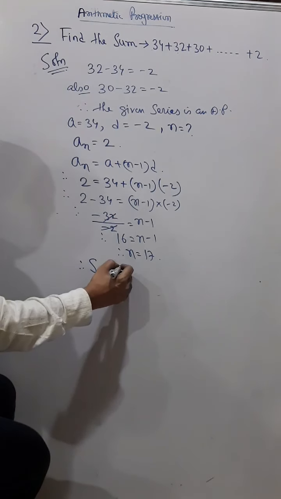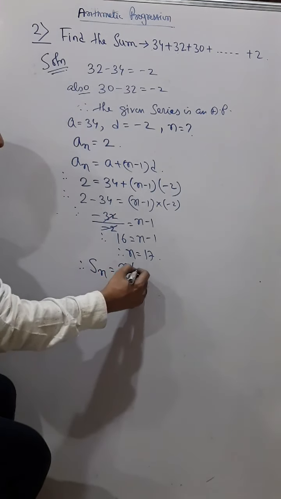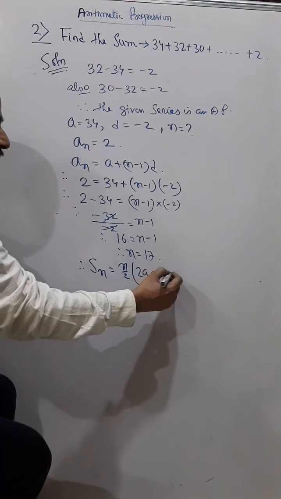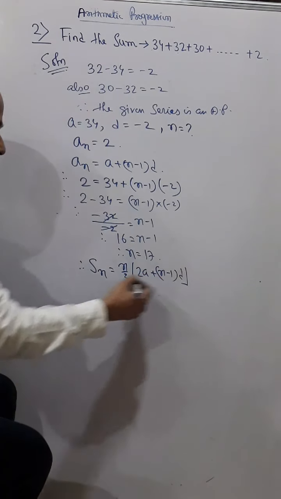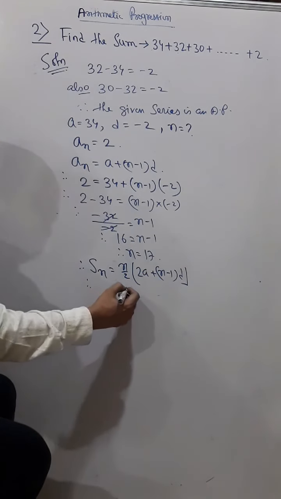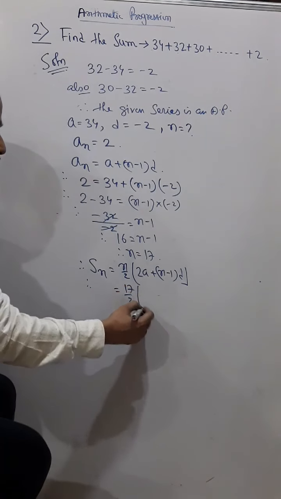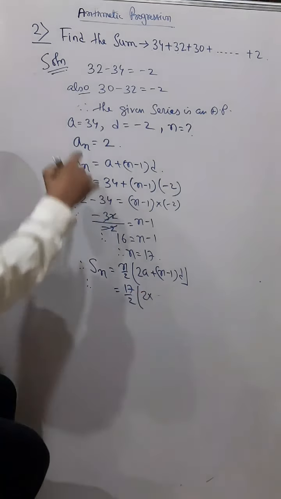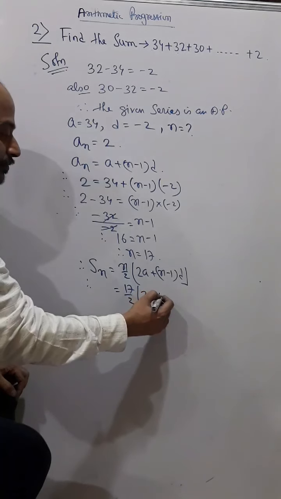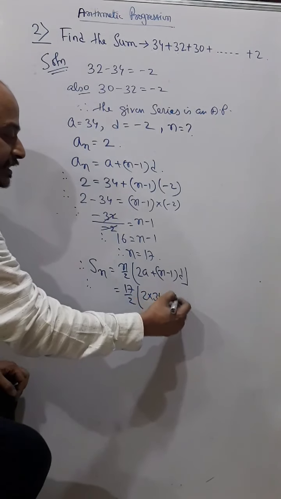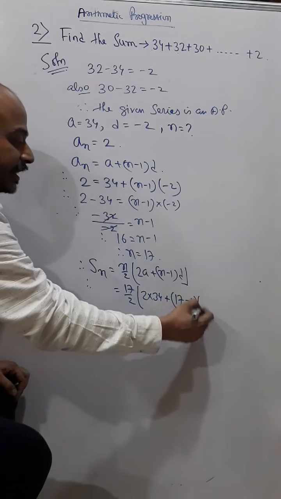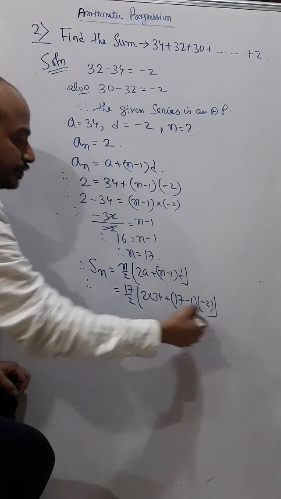So now we can easily get the sum of 17 terms. Sn is equal to n by 2 into (2a plus (n minus 1) into d). N means 17 by 2, 2 into a is 34, plus n is 17 minus 1 and d is minus 2.